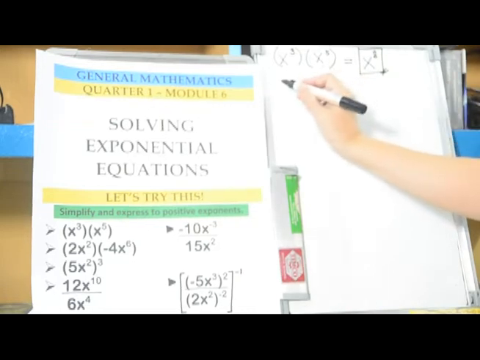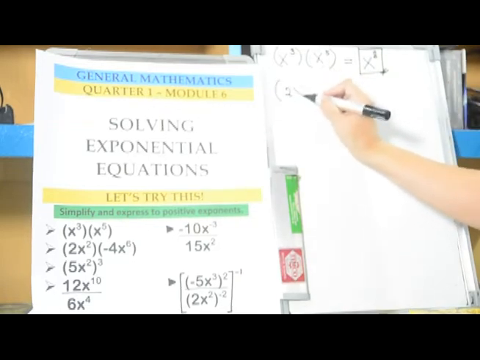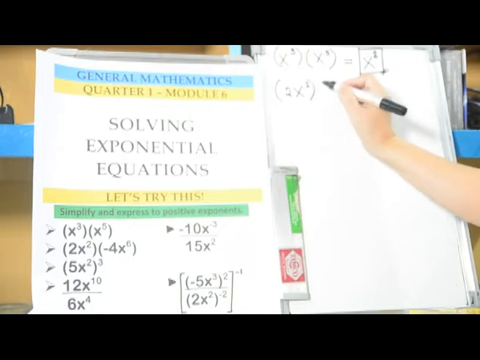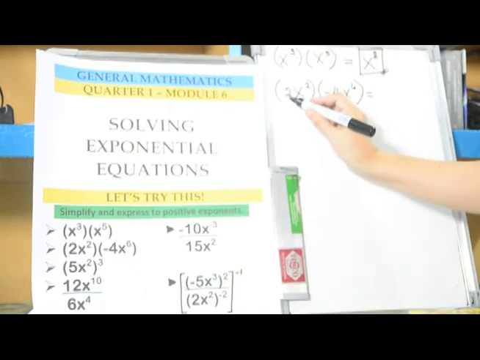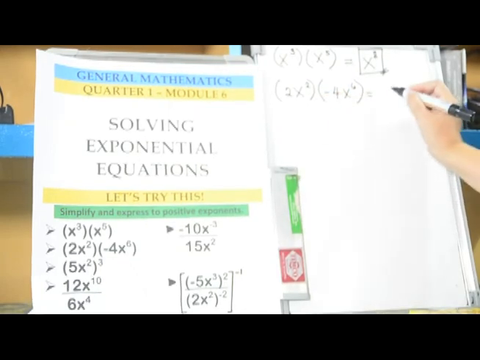Second, you have here 2x raised to the power of 2 multiplied by the quantity negative 4x to the power of 6. So, the coefficients, you multiply first: 2 times negative 4 would give you negative 8.